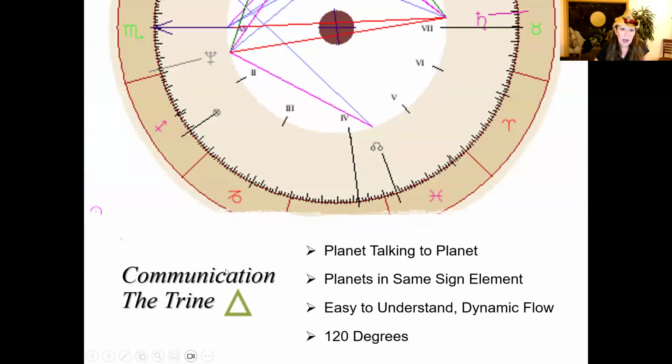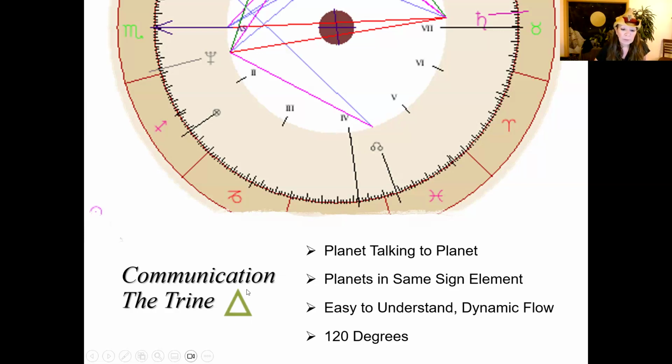We're going to go through, once again, the communication of the trines, as we did last time, but I wanted to dig a little deeper as we're going into the aspects. So the communication, the trine, is 120 degrees.